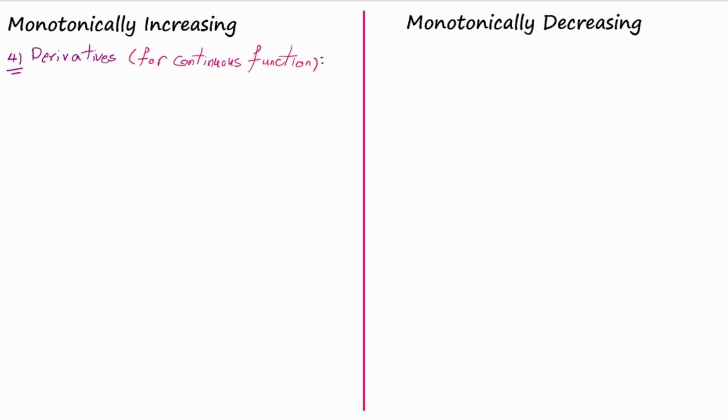Our fourth rule for determining whether a sequence is increasing or decreasing is to use derivatives. We know that if the sequence is represented by a continuous function, we can use calculus to find the derivative.